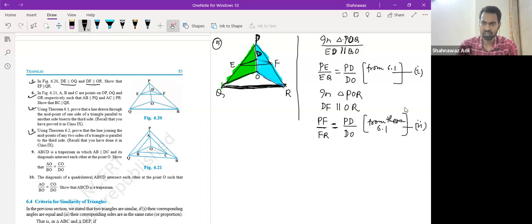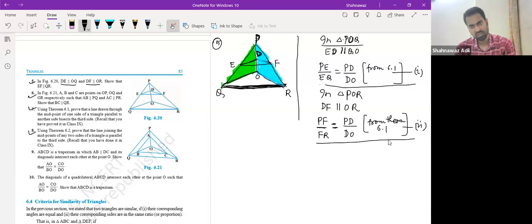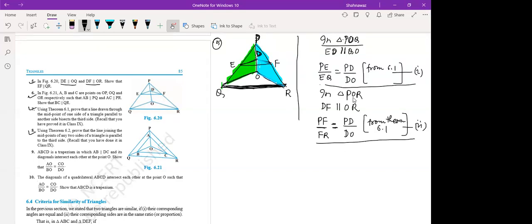We have utilized this one, right? Look at this first equation and also carefully at this second equation. What is the ratio which is reappearing?